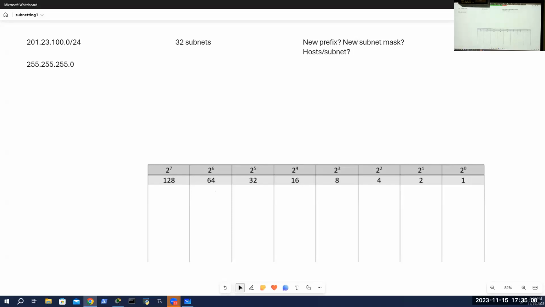But for now, just come up with a new prefix, a new subnet mask that meets the requirement of 32 subnets. And then, how many hosts do you have in each subnet based on the number of host bits that are left.